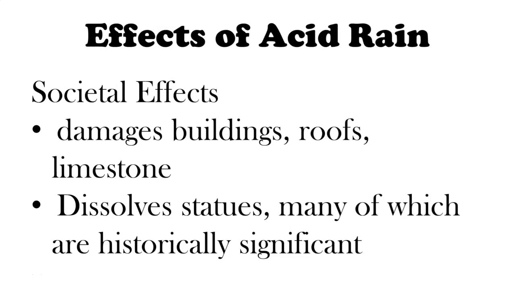Unfortunately, many historically significant sculptures and statues are made of limestone, and so a lot of features on intricate statues and sculptures can be lost in a relatively short span of time because of the effects of acid rain.